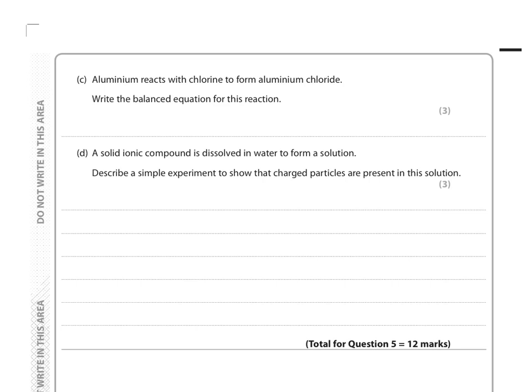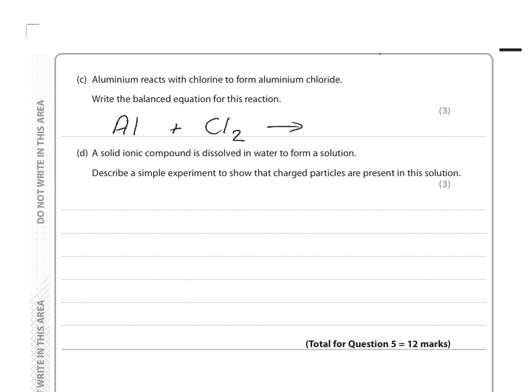The next part was an easy 3 marks for a balanced equation. It says aluminium reacts with chlorine to form aluminium chloride. Well, this is really quite basic. Aluminium metals always go around on their own, so aluminium is Al. Chlorine is a diatomic molecule, Cl2, so you've got to draw chlorine as Cl2, and then you've got to write the formula of aluminium chloride.